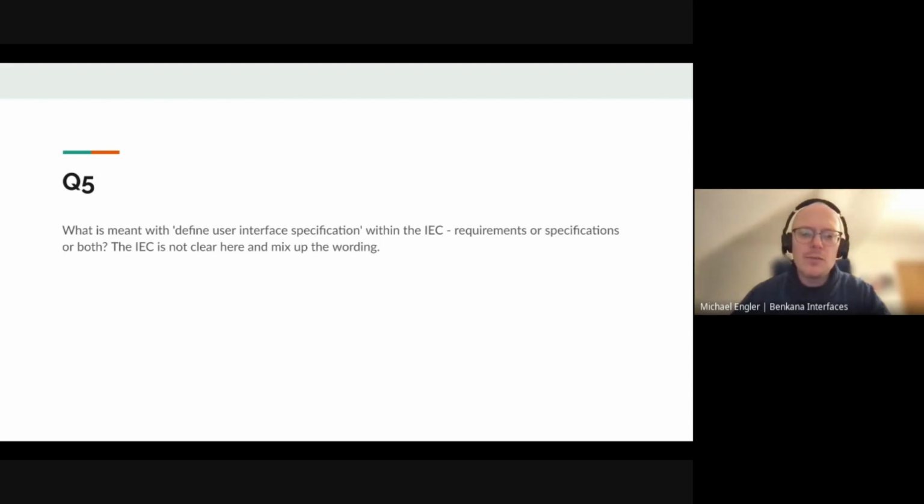And by the way, 62304 has a link in 522 which actually says, hey, you should have input from usability engineering here in the software requirements. So basically, think of user interface requirements, especially as we are talking about software as a medical device, as software requirements. This is the level of software requirements we're talking about.